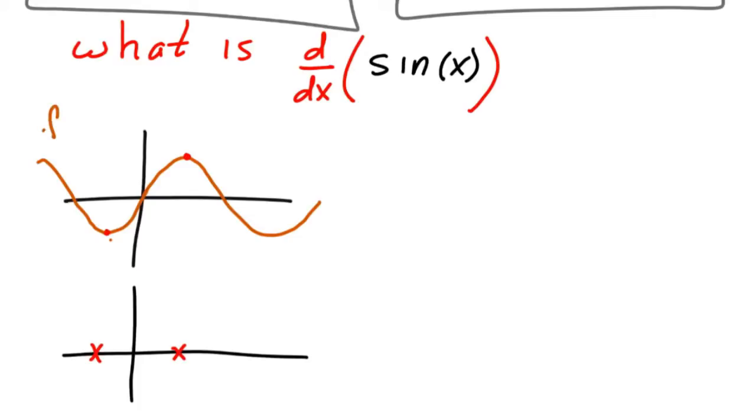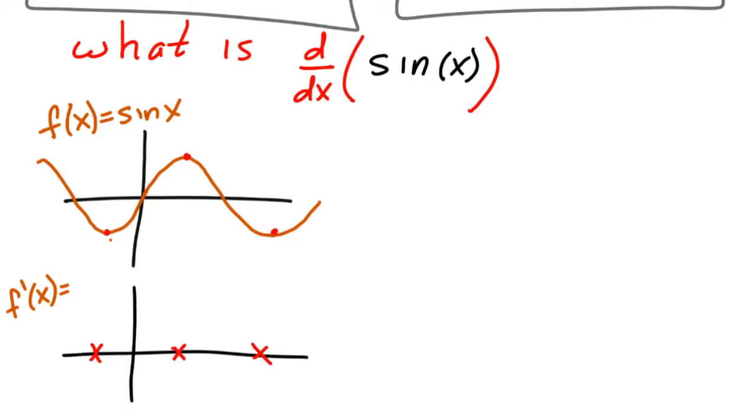So I'm going to put here f, for this is the function, in this case sine, and here the derivative, which I don't know what it is yet, but I'll soon enough find out. And then right around here, this guy is also equal to 0.